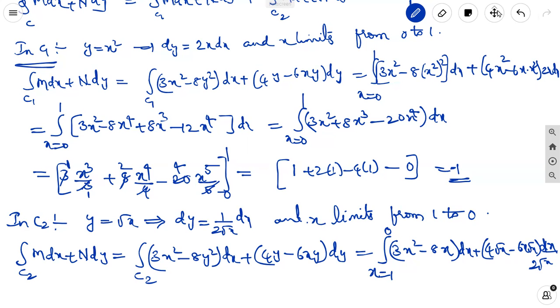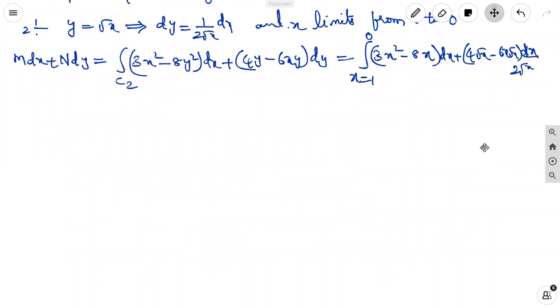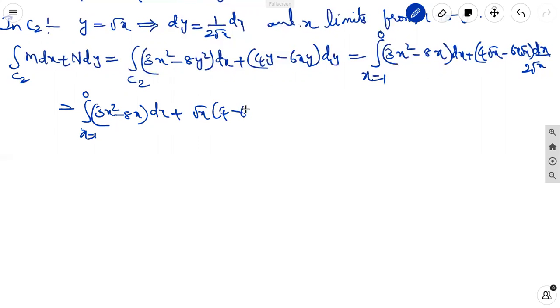Here it is equal to the integral with x limits from 1 to 0 of 3x square minus 8x into dx plus, taking root x common, 4 minus 6x into dx by 2 root x.